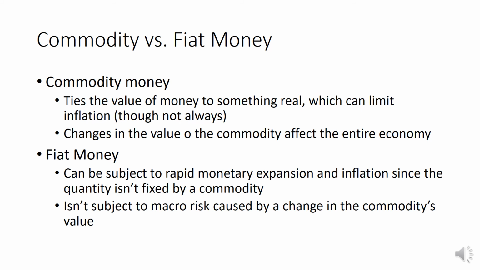Fiat money can be subject to rapid expansion. We're seeing that right now because the value isn't tied to a fixed commodity. Similarly, because it's not tied to a fixed commodity, fiat money isn't subject to macroeconomic risk caused by a change in the commodity's value.